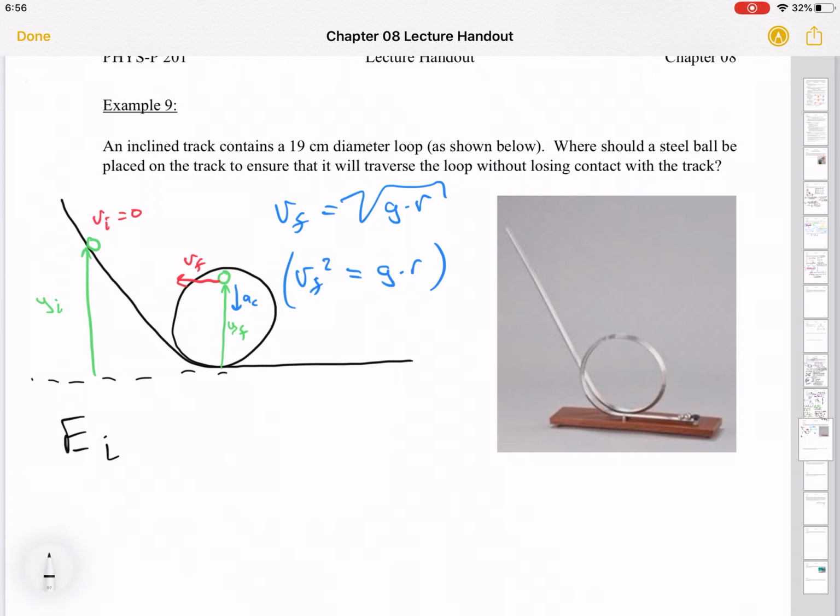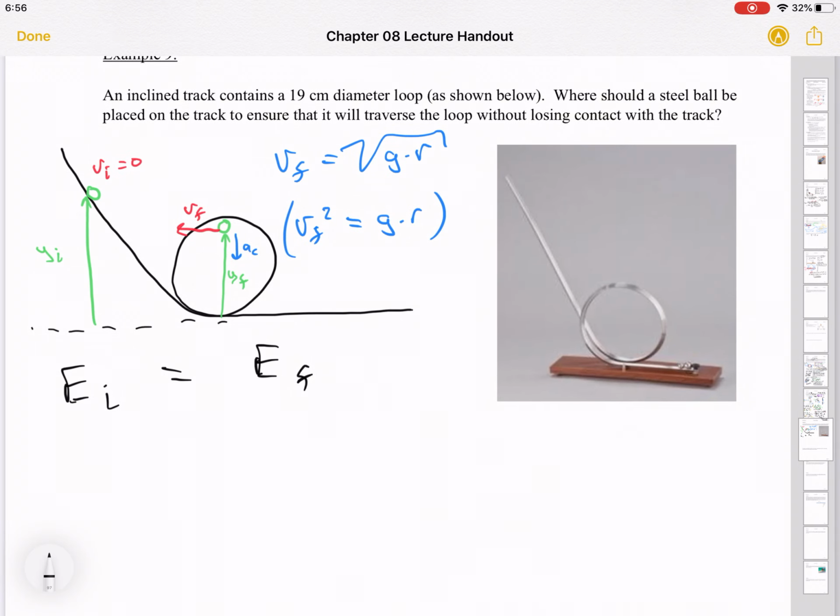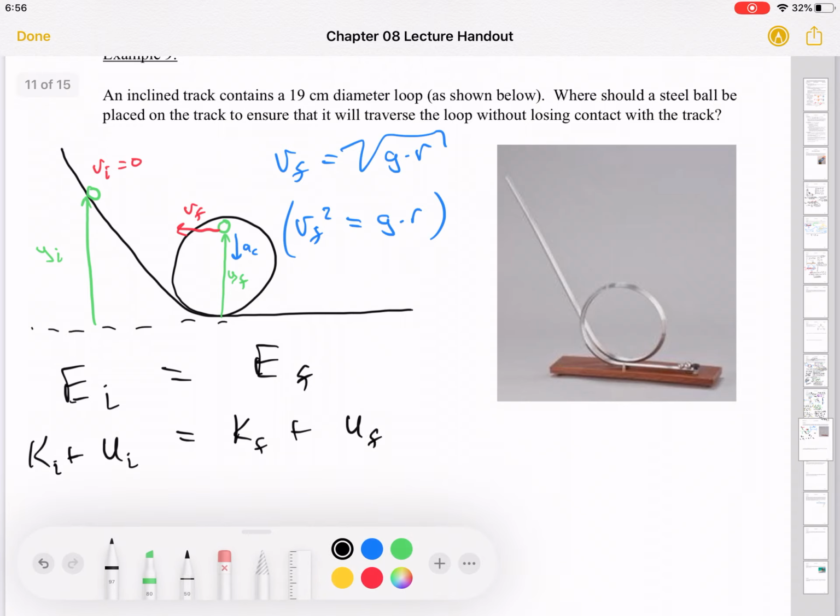So E initial equals E final. E initial is all gravitational potential, right? In fact, I could say K plus U equals K plus U, initial and final.